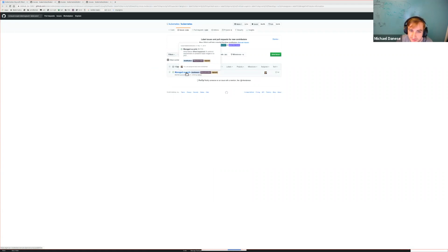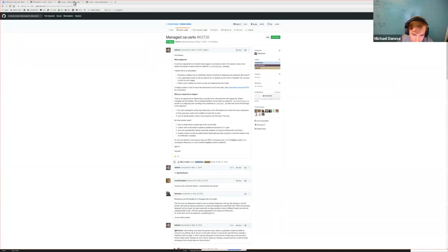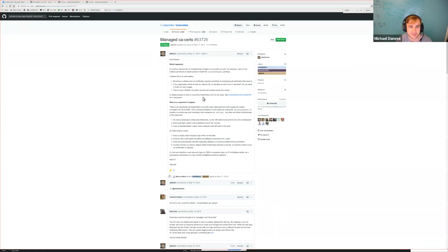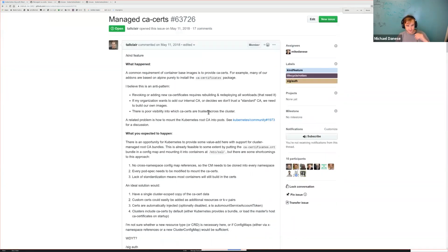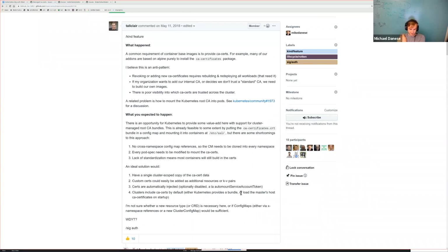Only one new issue. So this is unprioritized. Tim, manage CA certs. I think the idea here is that we have a bunch of people who bake CA certificates into their Docker images in order to connect to outside, public services.